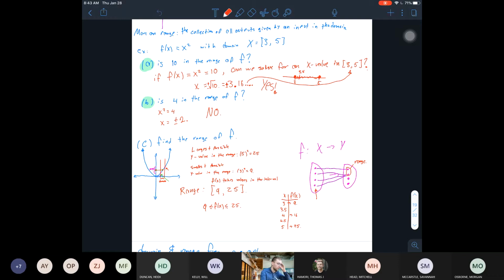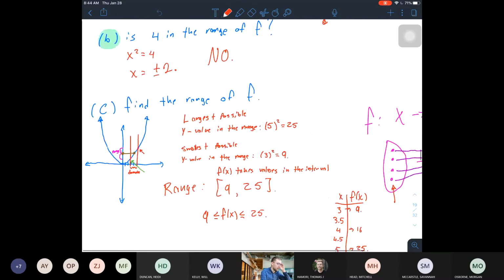But the long and short of it is basically we just take every single point in our domain, plug it into the function, and find all of the values which are given from it. Okay, so all of the possible values that our function gives when it is applied to a value which is in the domain.